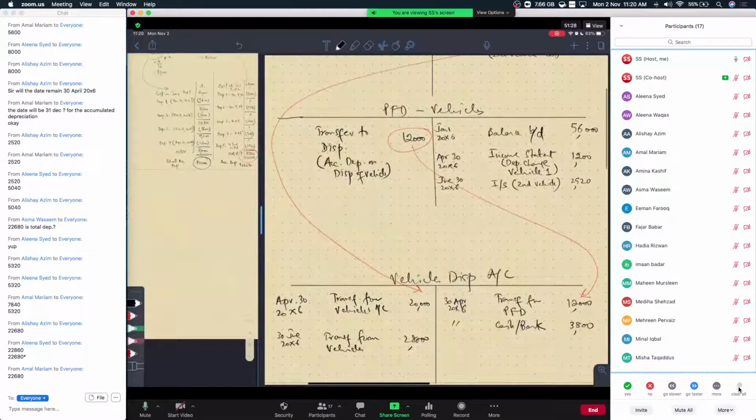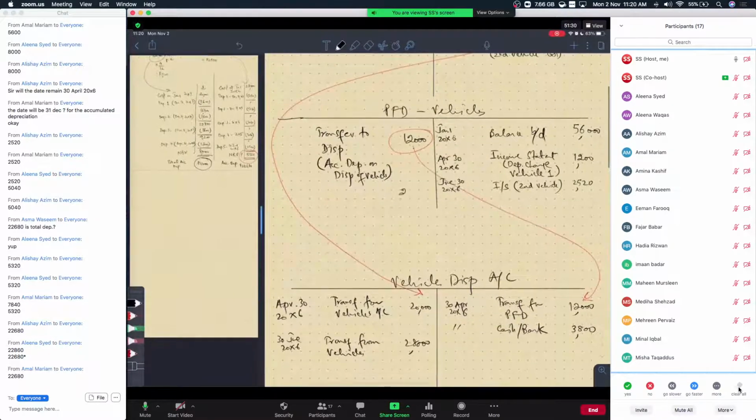So this one here, now 22,680 is what we will be transferring from this account to the disposal account, and we'll write simply transfer to disposal account, right? This was done on April 30th. This is done on June 30th, 20x6, right? So now we are going to make the second transfer here.